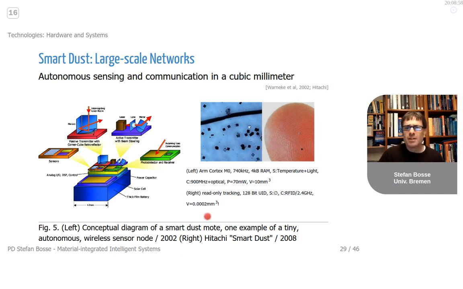But you see the volume, about 10 cubic micrometers. It's very small. And imagine the chip will not only send the identity, it will have a simple sensor. Then we have something that we call smart dust.